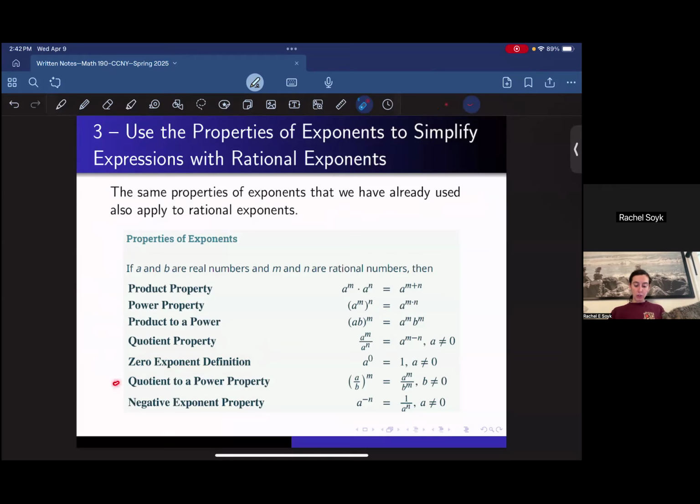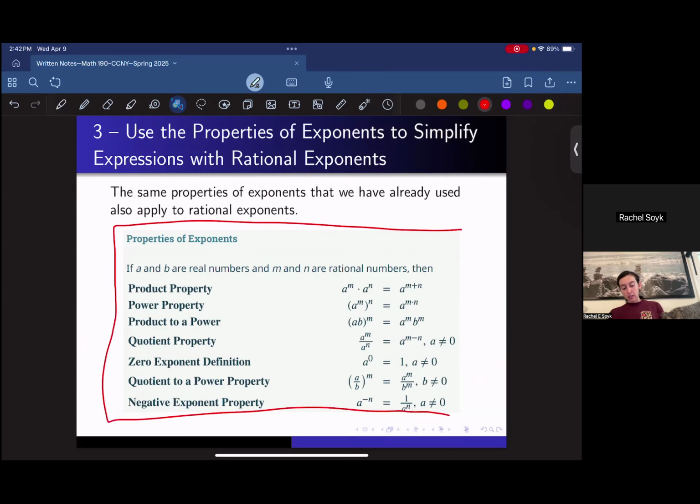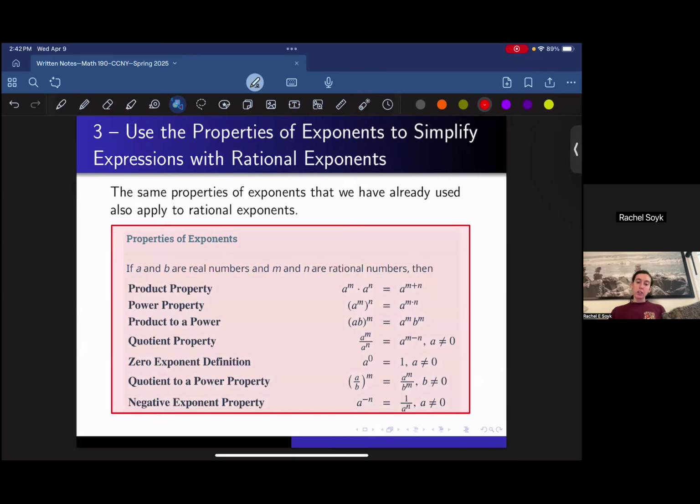And then our quotient to a power property and negative exponent property. So this is just a summary of everything. If you don't have these notes printed out or on an electronic device, definitely write them into your notebooks. They will be very, very helpful.